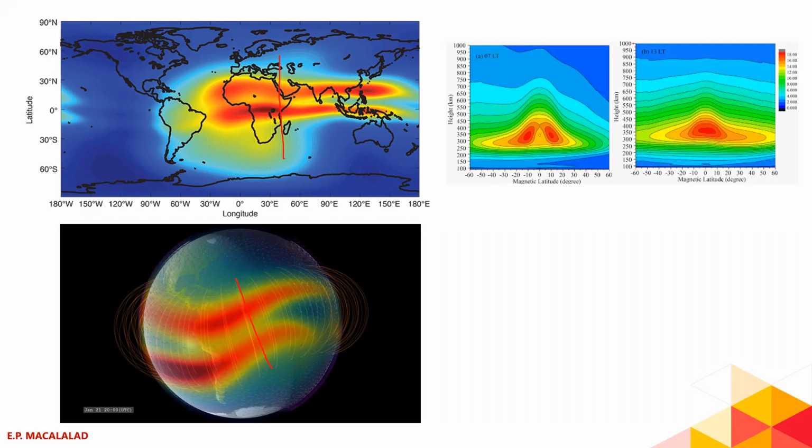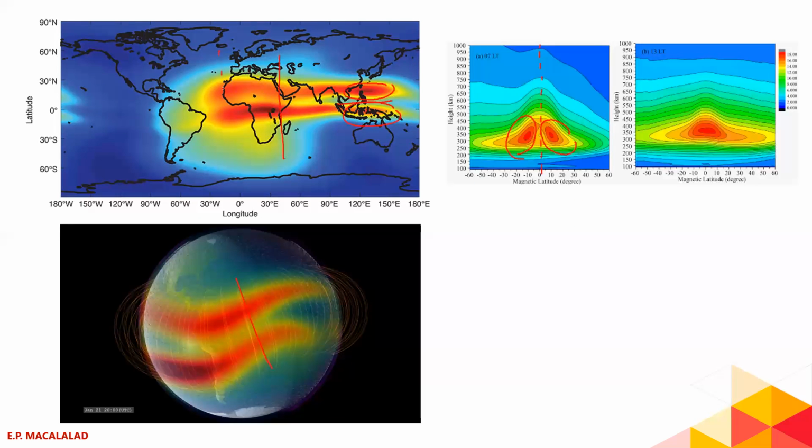So the vertical axis is height, the horizontal axis is magnetic latitude, and the color means ionization. Just like here, we have two blobs off the equator. So if this is your equator, these are the southern and northern crests.